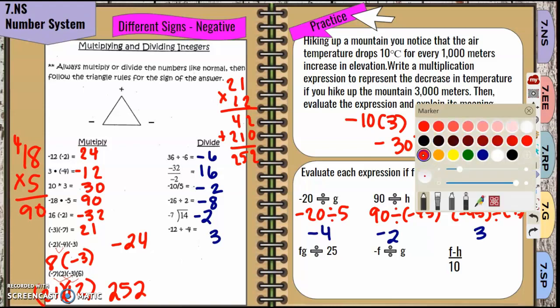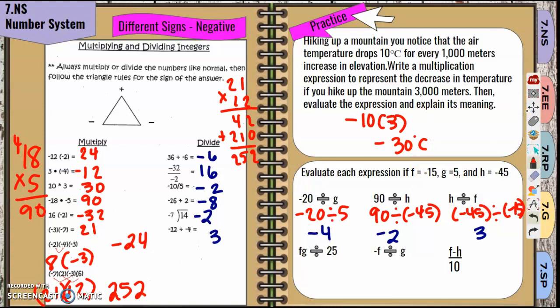The next one is f times g divided by 25. So f is negative 15 times g is 5 divided by 25. So order of operations say that I multiply and divide in order from left to right. Just as we read from left to right, we multiply and divide from left to right. So 15 times 5 is 75. A negative times a positive is a negative.